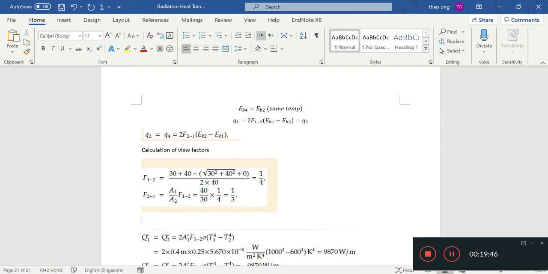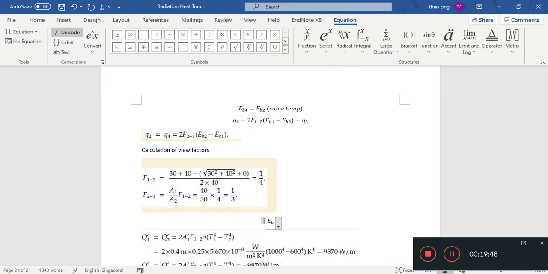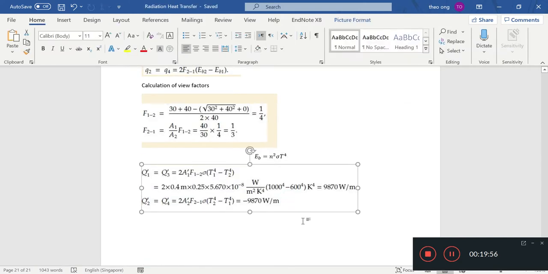And then here is where we substitute EB equals n squared sigma T to the 4th. Of course, if the medium is non-participating, n is basically just 1 because it's like a vacuum. So sigma T to the fourth, and then we substitute those in, and that's how we get the answer as I said here.